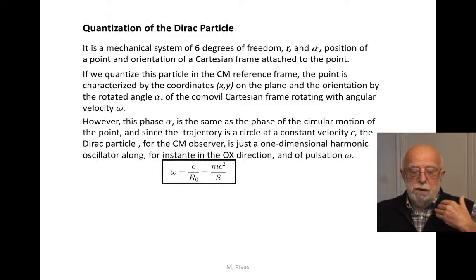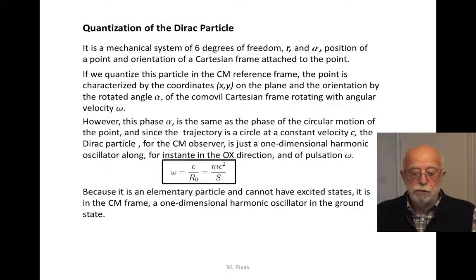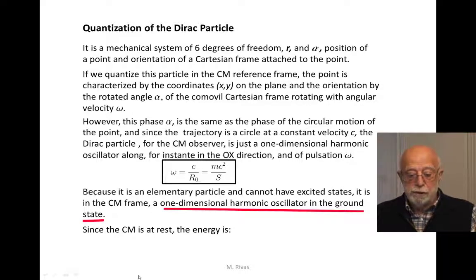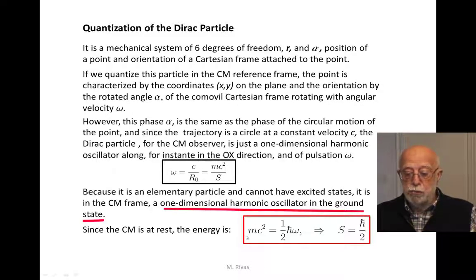But because it is an elementary particle, this harmonic oscillator cannot have excited states. If it cannot have excited states because it represents an elementary particle, it is a one-dimensional harmonic oscillator in its ground state. And therefore, because the particle is at rest, the energy is mc squared.